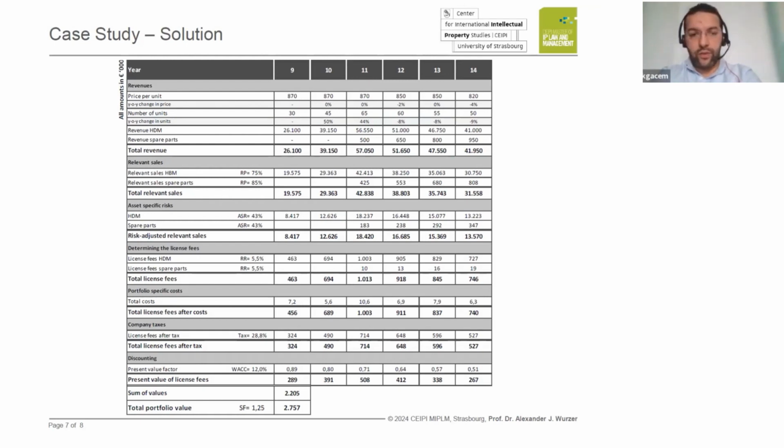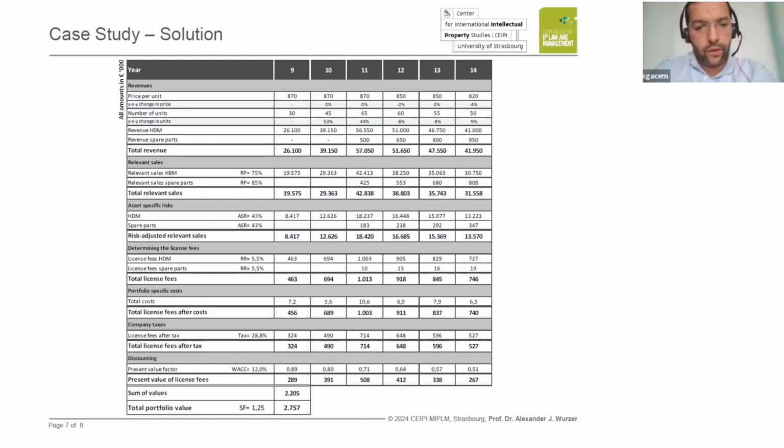And now, as we have all these values for the 6 years, we just apply the discounting by taking into account the WACC rate that is given to be 12%. So we calculate the factors ranging from 0.89 to 0.51 for the 6th year, with the present values of the license fees calculated to be from 289 to 267.